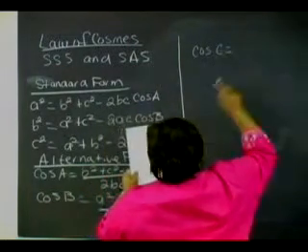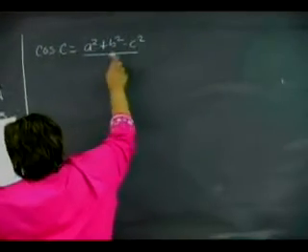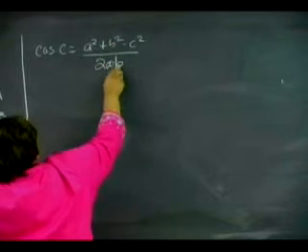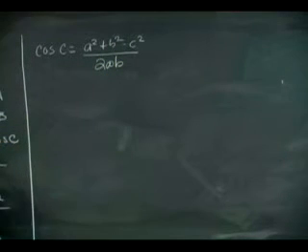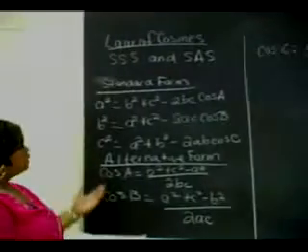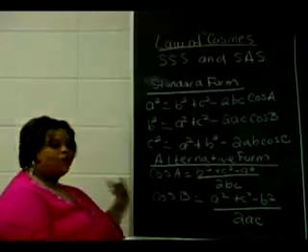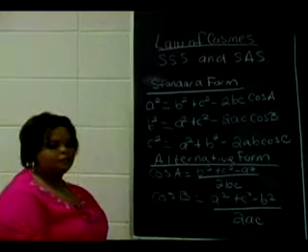And cosine C is a squared plus b squared minus c squared all over 2ab. Okay? So, we use the alternative form when we're looking for an angle. We use the standard form when we're looking for a length of one of the sides.